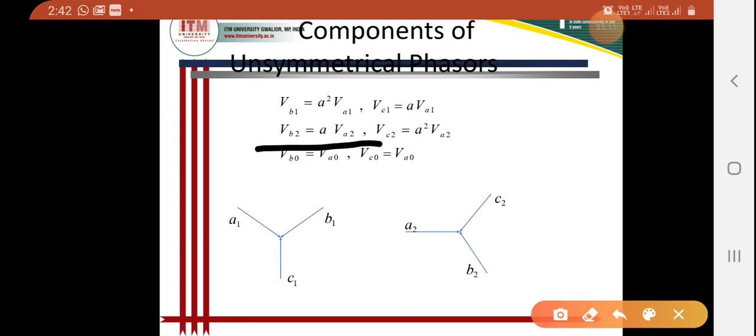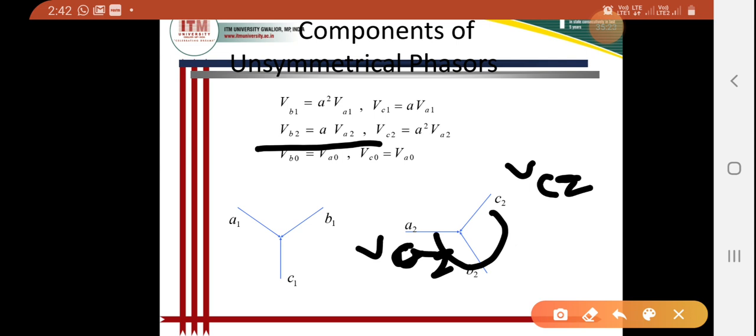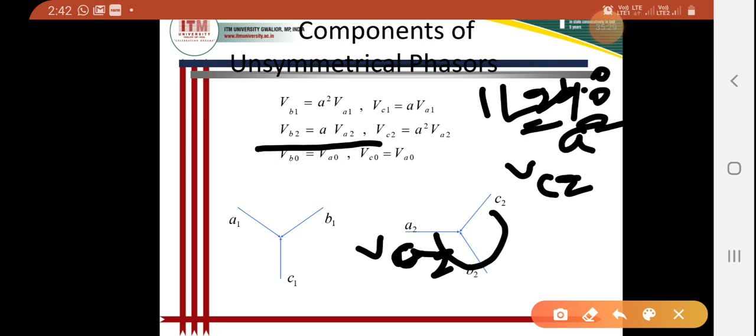Similarly, suppose I want to write VC2 in form of VA2. What is the angle? That is 240 degree. 1 angle 240 degree is nothing but our A square.